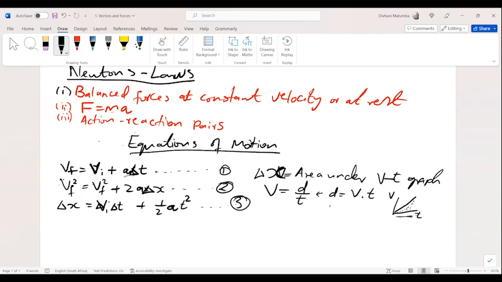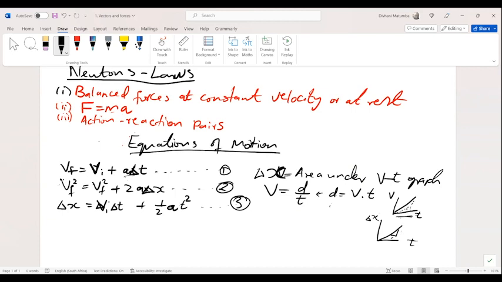Now, this is a fraction. If you have a displacement time graph, the slope, which is change in displacement over time, will be your velocity.